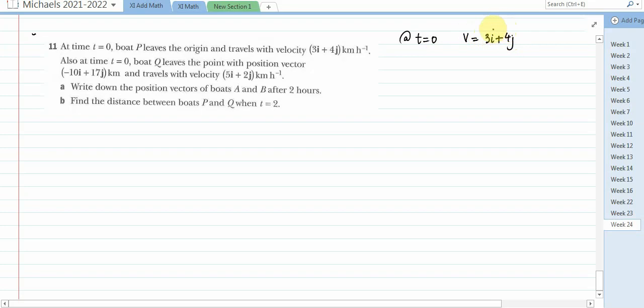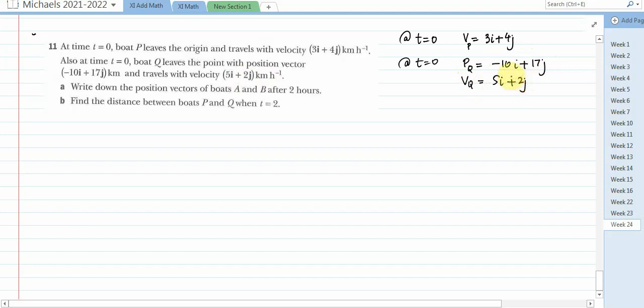Also at time t equals 0, boat Q leaves the point with the position vector of minus 10i plus 17j and travels with a velocity of 5i plus 2j.